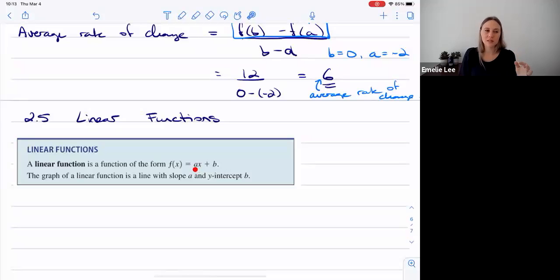So in statistics, we like to use b subscript 0 and b subscript 1, but whatever is attached to the x is the slope, and whatever is on its own is the y-intercept.